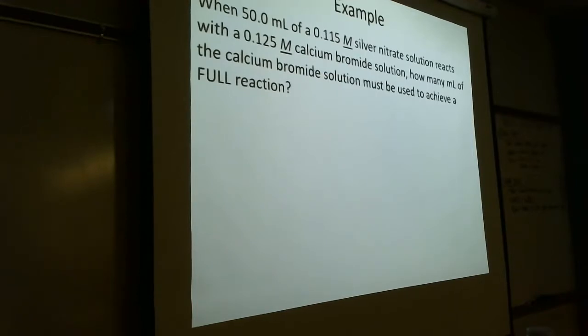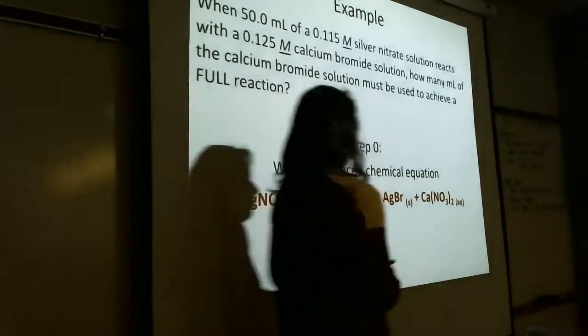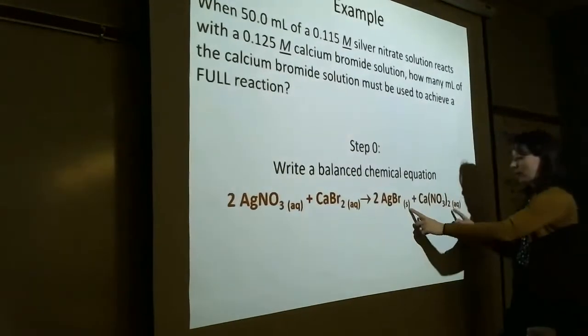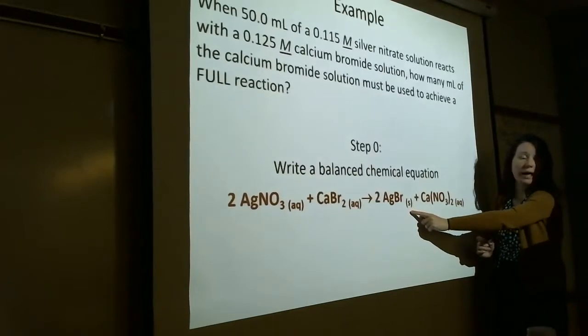Well, we all know that eventually I'm going to need coefficients, right? I got to have coefficients, so that means I have to write a balanced equation. So the first thing you have to do is you have to write your products. This is double displacement. Now here, you do get a precipitate, but does that precipitate factor into these calculations in any way?